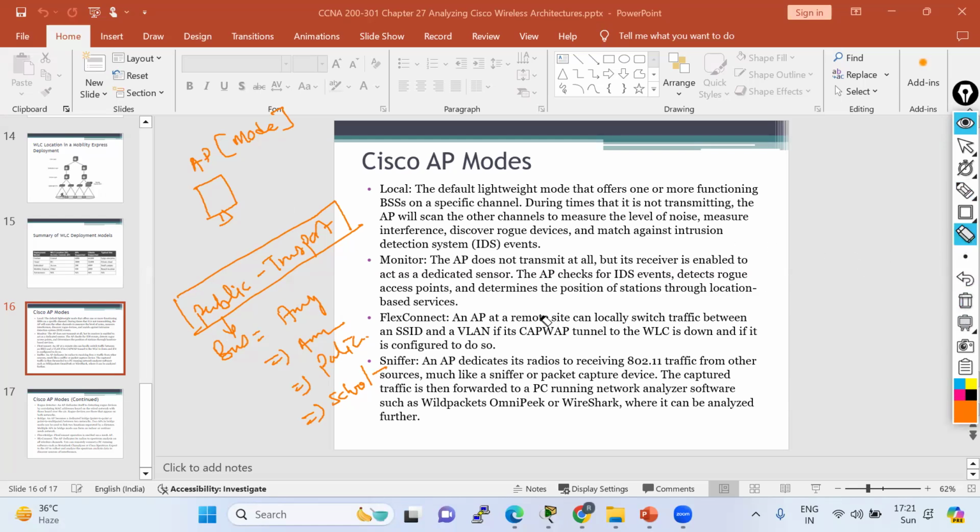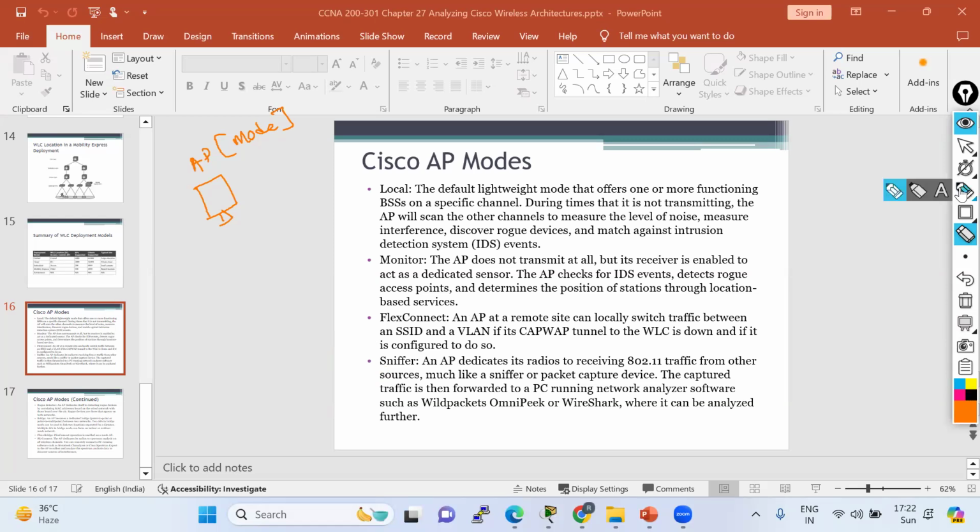So if I am going to discuss the local mode, what is the local mode of the AP? In the local mode of the AP, by default, the lightweight mode offers one or more BSS functions on a specific channel.